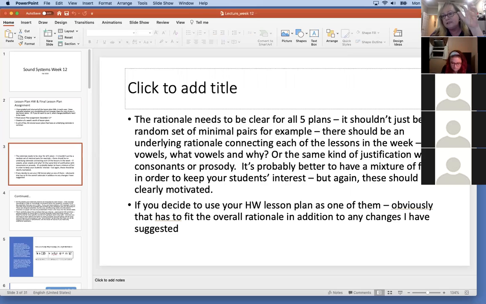Now, of course, the underlying rationale can move, and should, from something that's related to something else. So some of you did stressed and unstressed vowels, for example. So you could do a vowel contrast, then you could do how a vowel like the schwa contributes to stress.